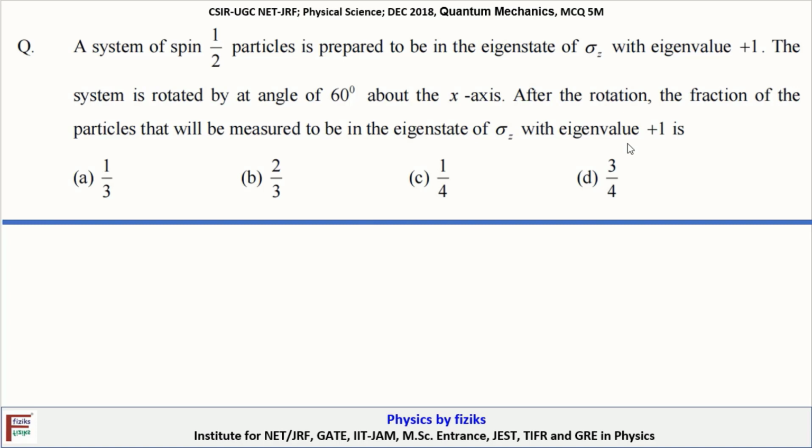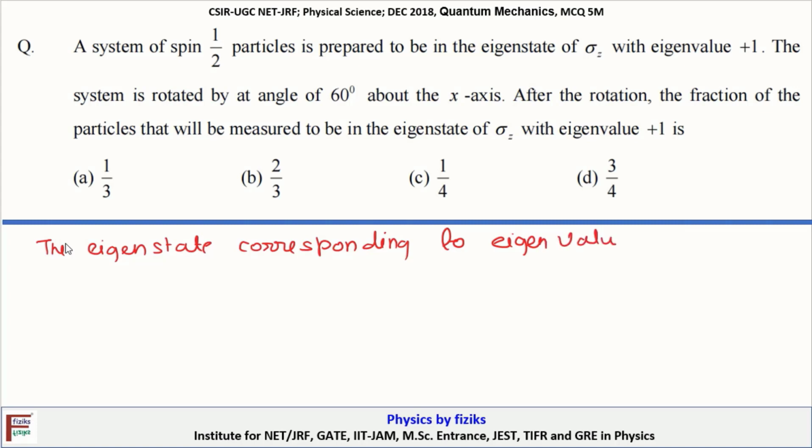Now, the eigenstate corresponding to eigenvalue sigma z equals plus 1 for the spin matrix sigma z is, so we denote psi initial for the up state equal to (1, 0).